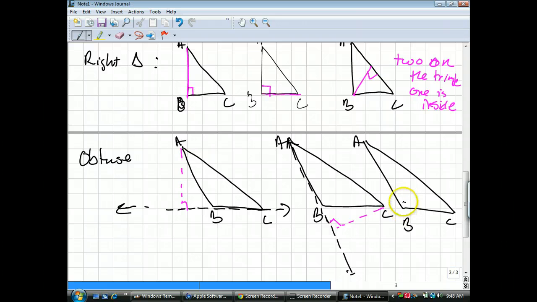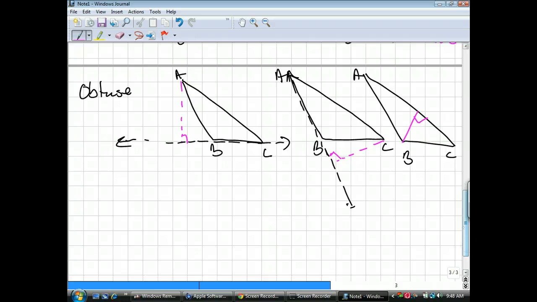So it would be from B to AC. So it would be right here. So for obtuse triangles, two of the altitudes are outside, and one is inside. And the one that's inside is the one that comes from the obtuse angle.